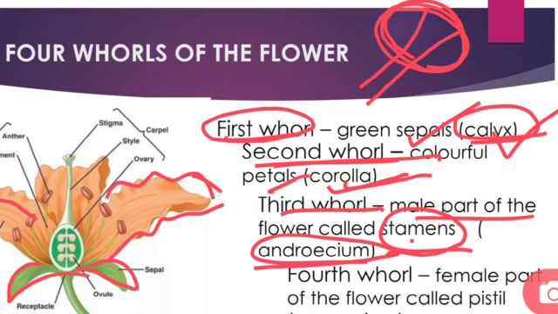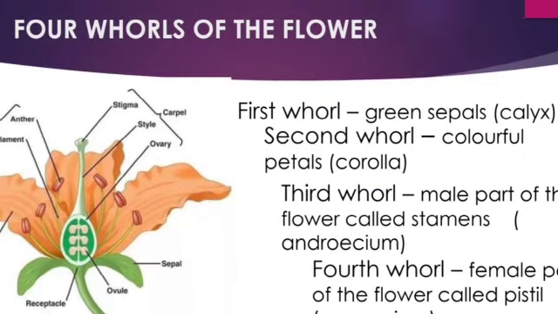Now if you see the stalk-like substance coming out from the basal part of the ovary, this stalk-like substance consists of a bulge part. So this part is the male part of the flower, named stamen, or collectively androecium. Then coming to the 4th whorl of the flower.